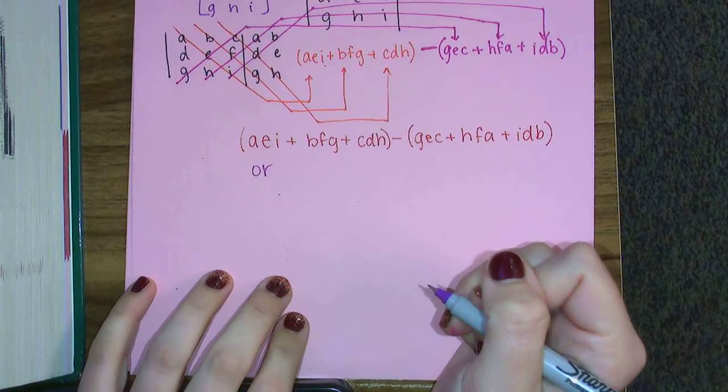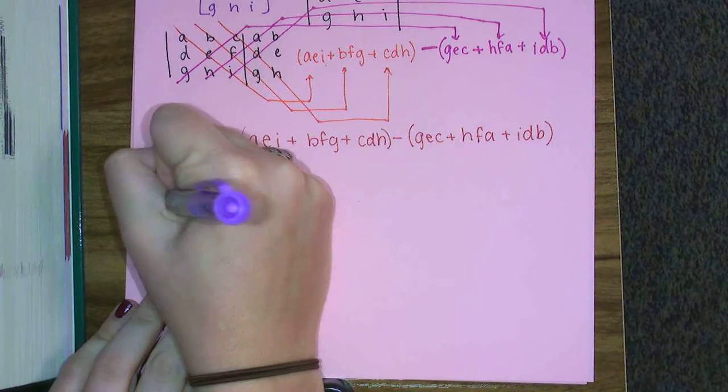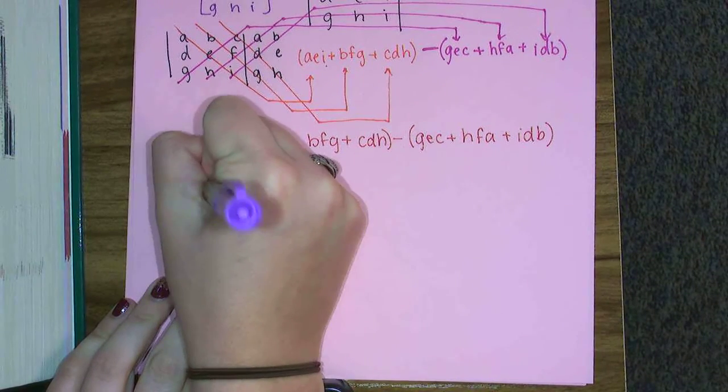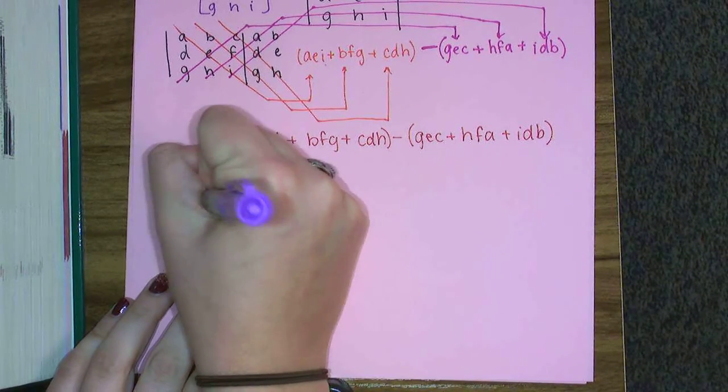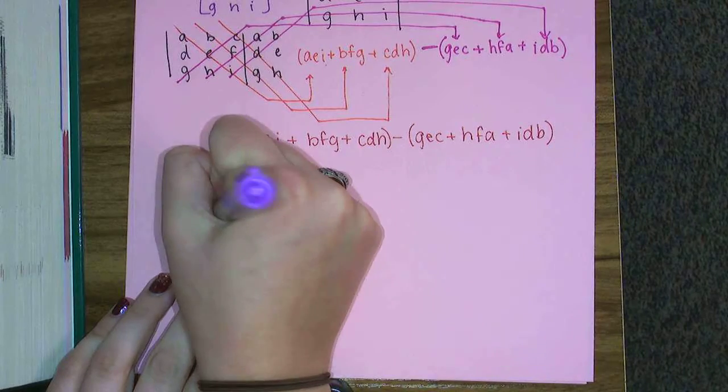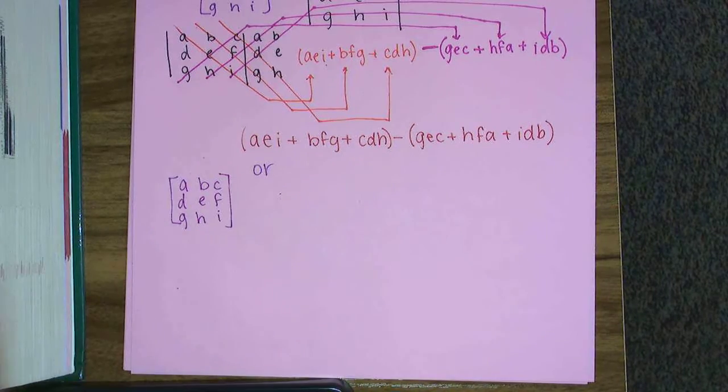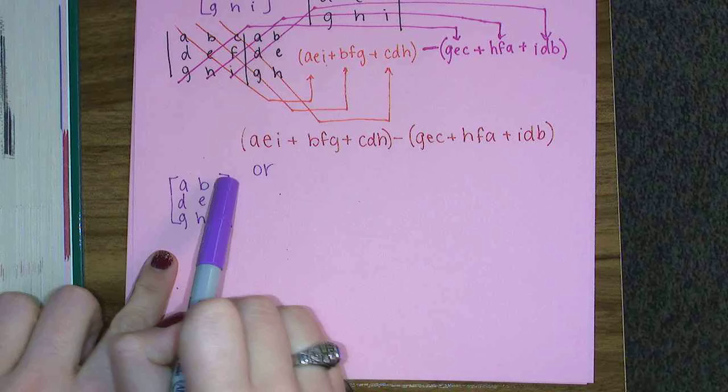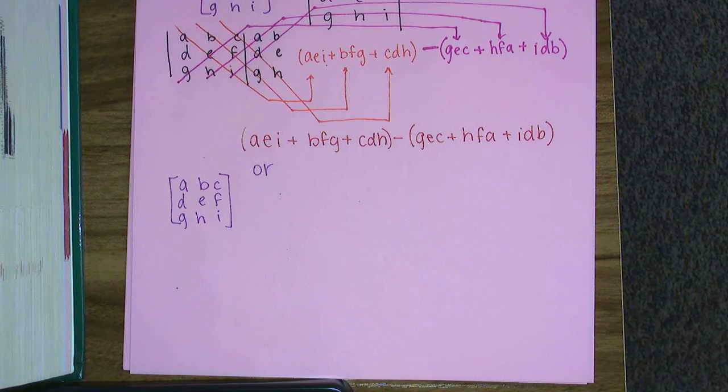I'm going to copy down again the original matrix so that I can show you what's going on. Basically, I'm using this top row to get everything I need. I'm going to circle this stuff so you can see what I'm doing.